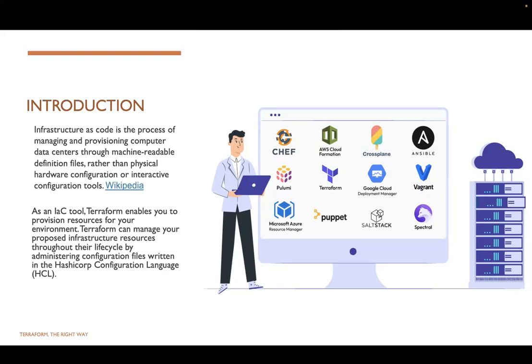Some of them are for infrastructure provisioning, for example Terraform, CloudFormation, Google Cloud Deployment Manager, and Azure Resource Manager. Some of them have to do with configuration management, like Ansible and Puppet. These are some of the ways in which we can use infrastructure as code.